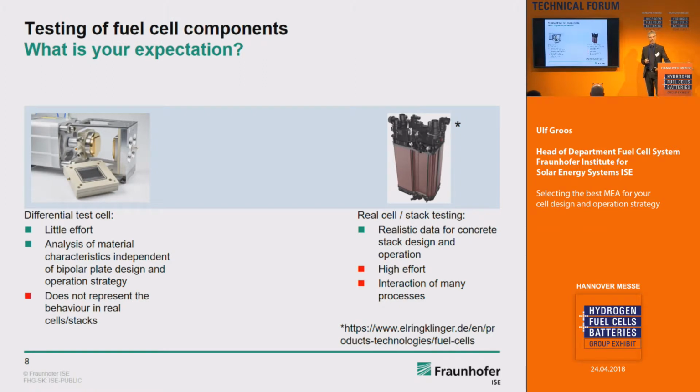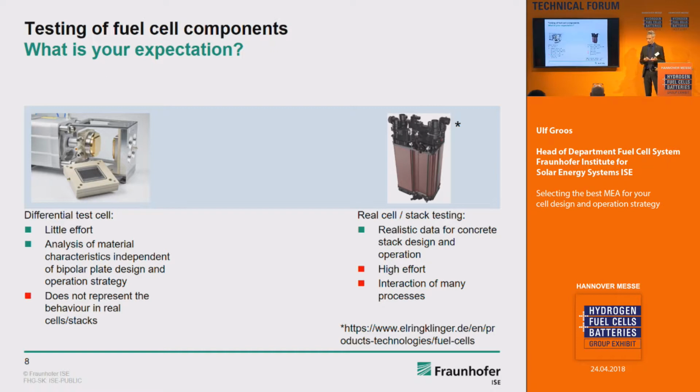So what people typically do for their selection of an MEA supplier is that they integrate different MEAs into their real stack. It might not be a full stack as it's shown here, but a short stack. So you have large areas, you have like 10 or 20 cells, which means you need a large, powerful test bench, and you have a high consumption of gases.